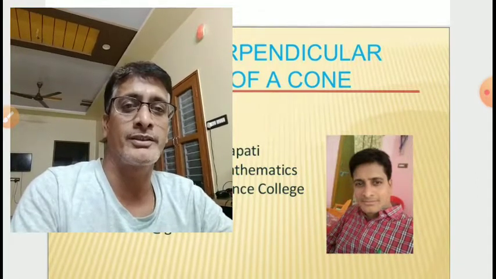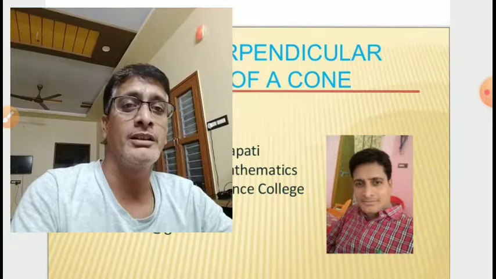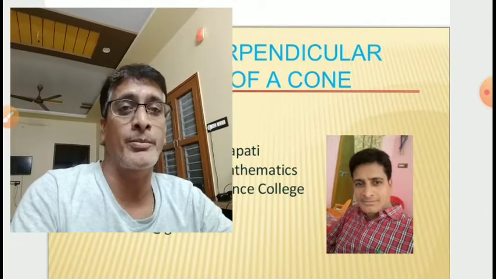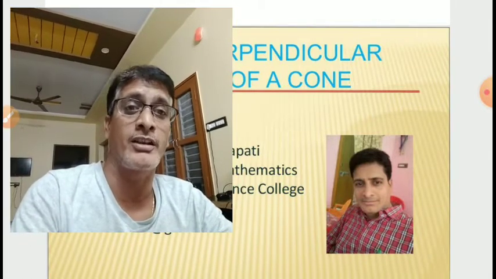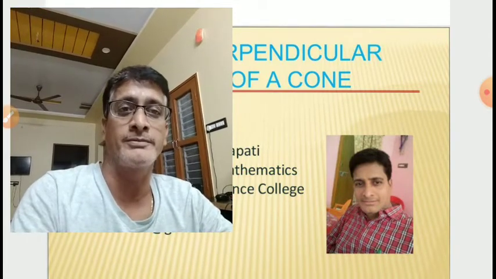And also we discussed in our previous videos what are the conditions that the equations have to follow so that a non-homogeneous equation represents a cone with vertex other than origin, and a homogeneous equation represents a cone with vertex as origin.